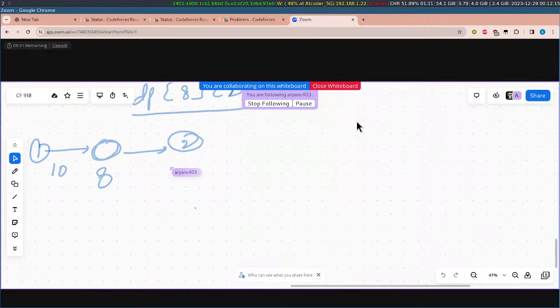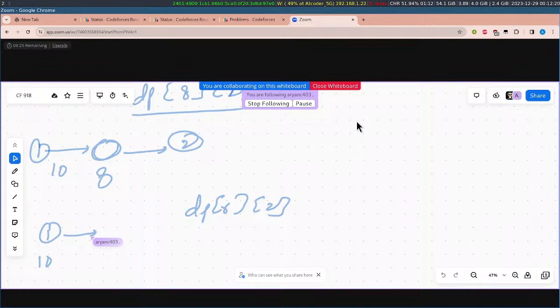And if you want to compute DP[6][2], one way would be to start from 1 with slowness 10, go to some node where you buy a bike with slowness 8, and use that bike to go somewhere where you purchase a bike with slowness 6, and then go to 2.